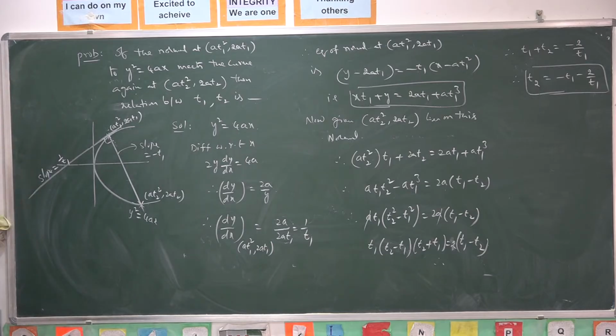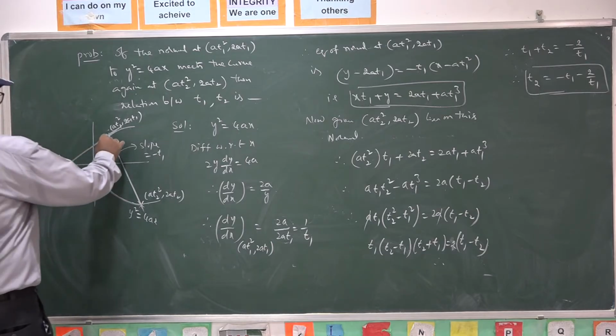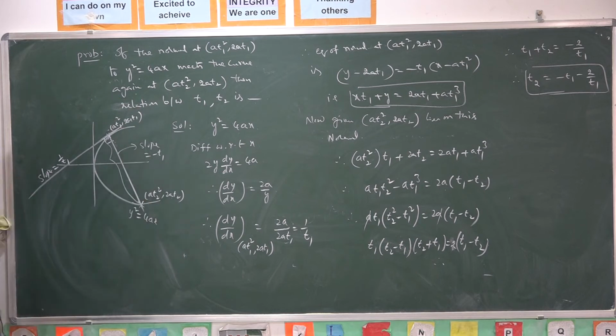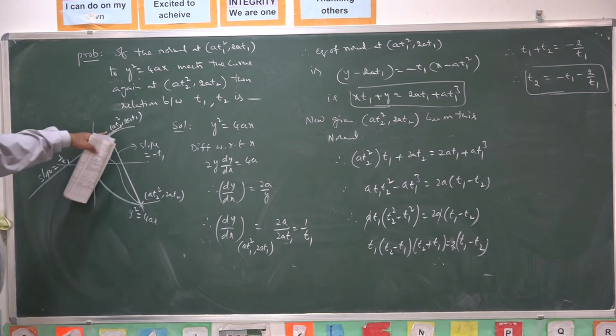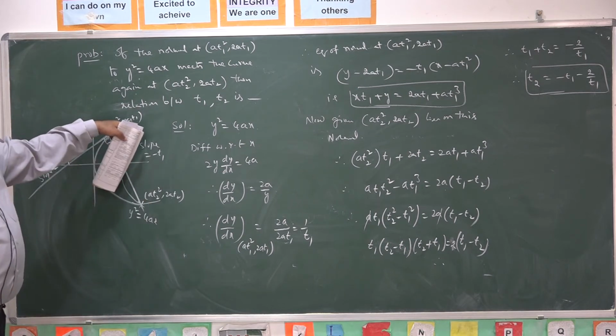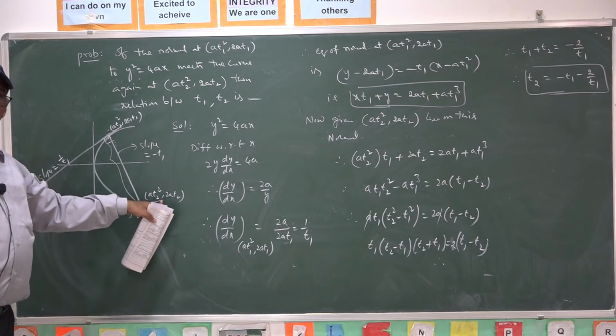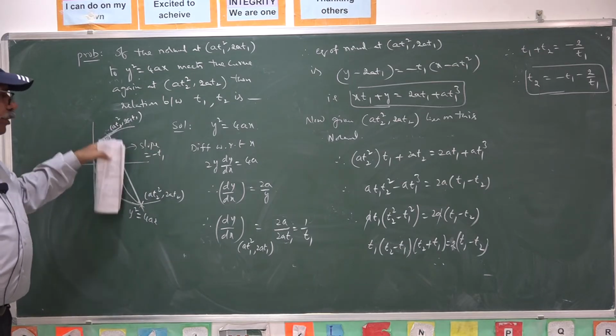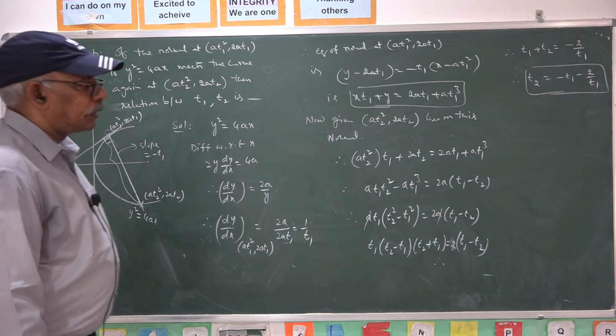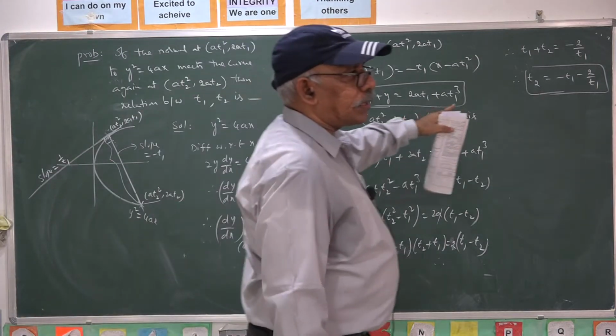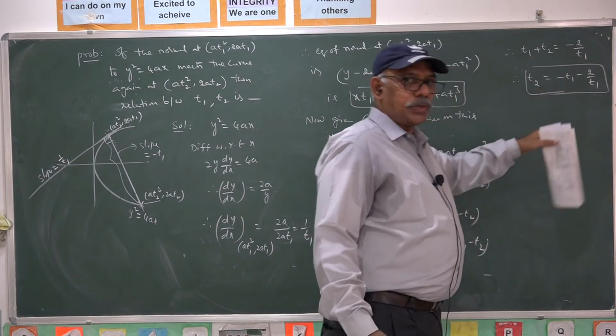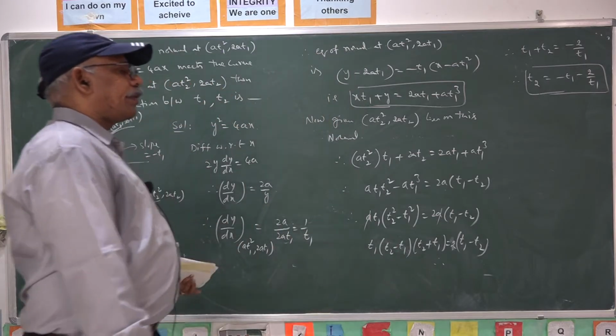With the help of this relation, you can find the length of this normal also, because this is the point a t1 square comma 2a t1, and this is the point a t2 square comma 2a t2. By the distance formula, you can find the length of the normal completely in terms of t1, because you get a relation between t2 and t1.